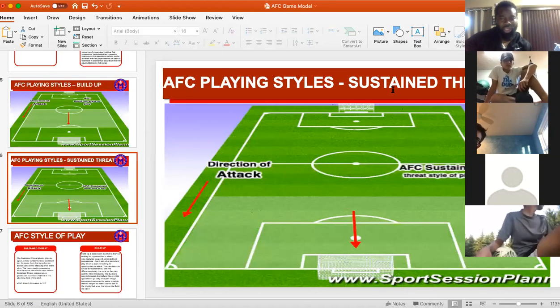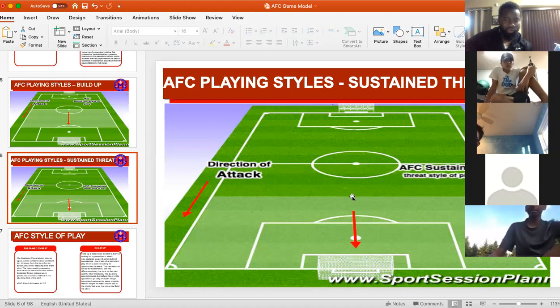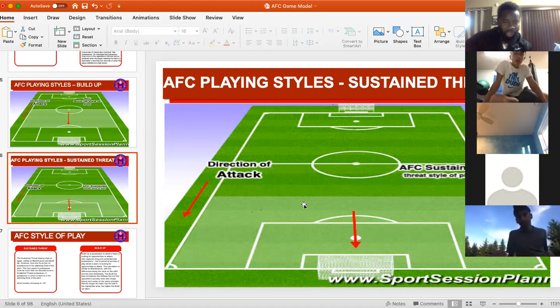The next one is called sustained threat. When you look at sustained threat, you threaten them in their own half. You divide the pitch again into 2/3, and in the final third, that's where you're going to try to play your game within their half. Once you play your game in this area and the team loses possession, you can attack them to score.